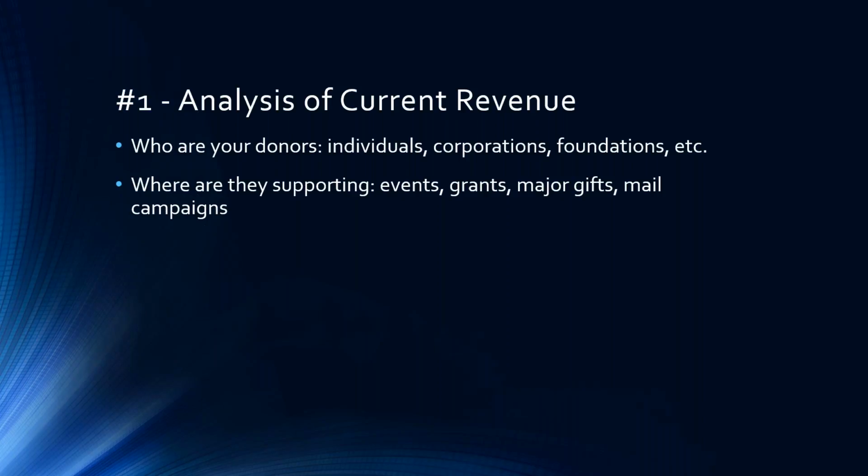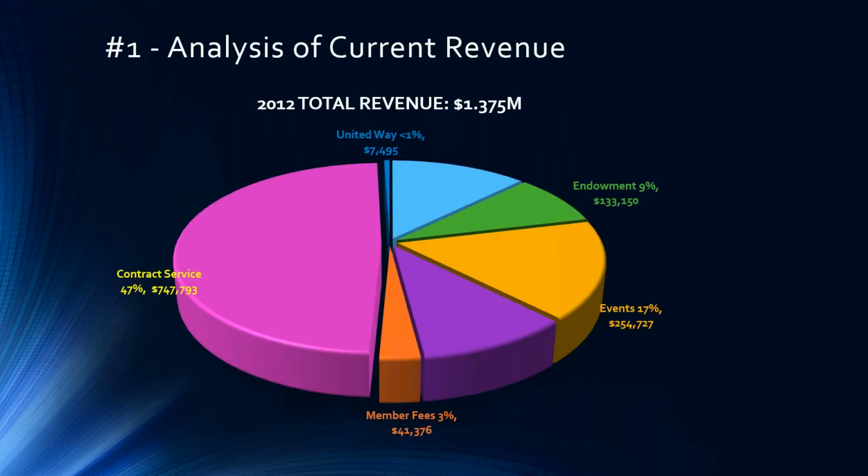You don't want to put yourselves or your club in any potential jeopardy for funding and financial sustainability. So that was one of the first pieces that I looked at for our club, and it gave a pretty clear snapshot of what it looked like.